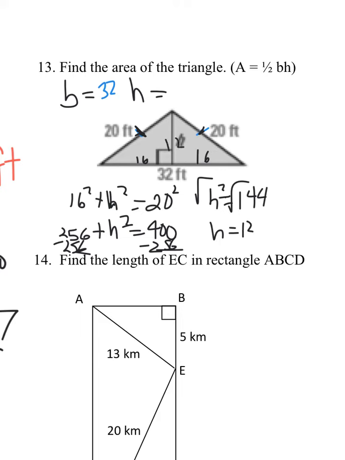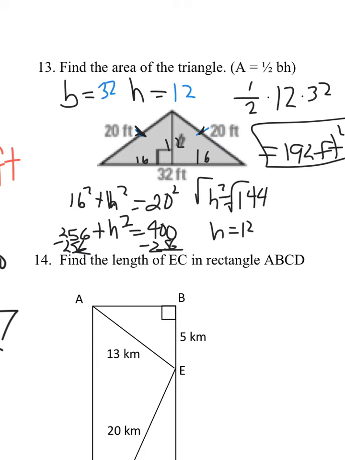Again, not the answer. That's 12. So now the formula is 1/2 times 12 times 32. 0.5 in the calculator usually works a little bit easier than making yourself write out a fraction. Not that it's a huge deal, but as a total, you should get 192 square feet.